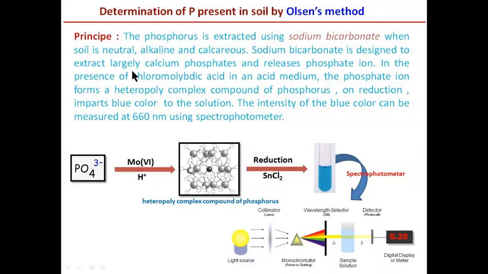In the principle, the phosphorus is extracted using sodium bicarbonate, which is Olsen's extractant, when the soil is neutral, alkaline and calcareous.